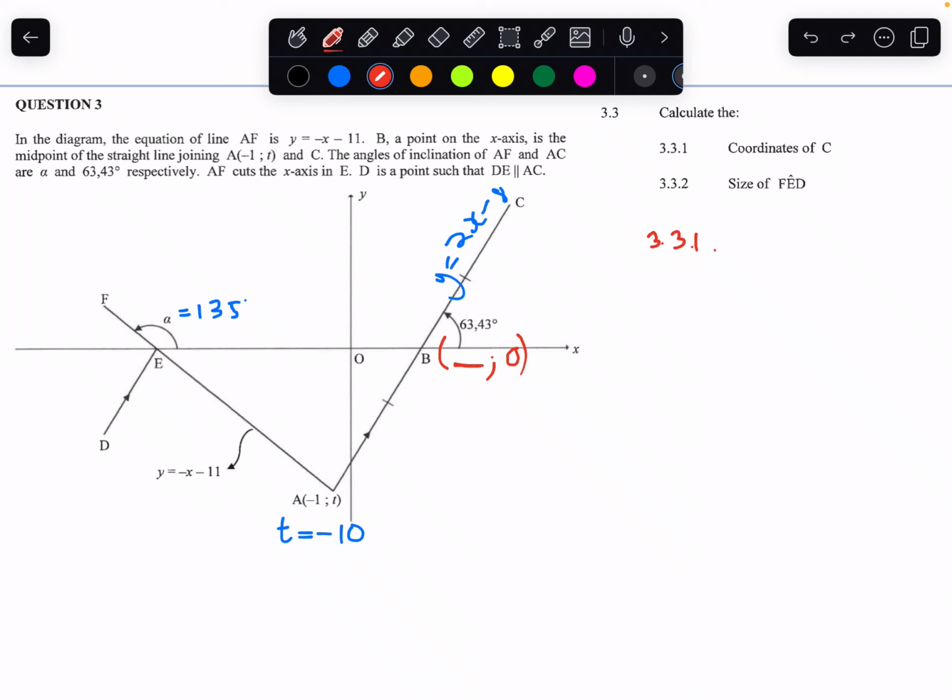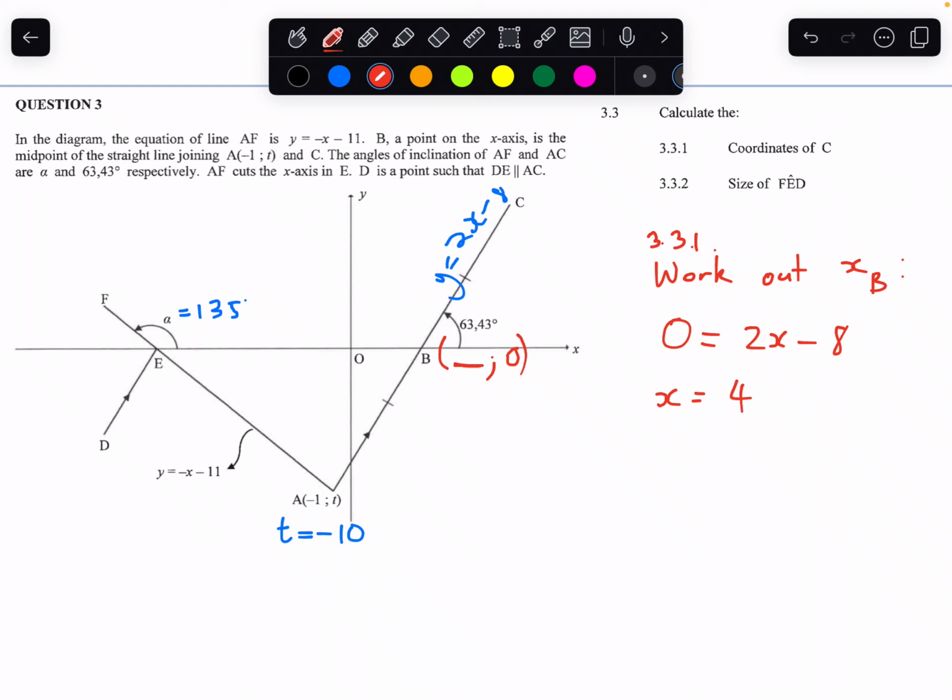Okay, so let's work out the x coordinate of B. When y is equal to 0, what is x? We can either see just from inspection that x is equal to 4, or you can go through the whole spiel of making x the subject of the equation.